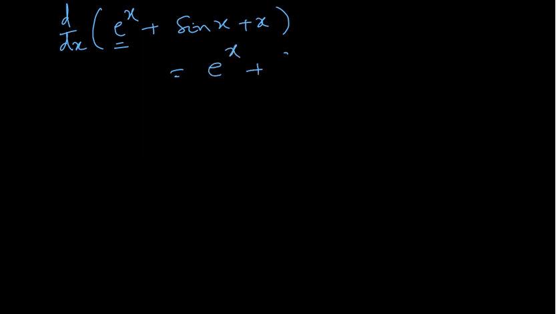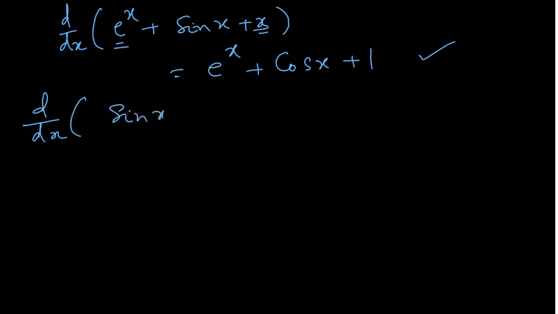For sin x, it is cos x, and for x, 1. Got it, right? So this is the answer for that. Now let's see another one, d by dx of sin x plus cos x. Differentiation of sin x is cos x. Differentiation of cos x is minus sin x. So that's the answer. So far looks so easy, right? Not very difficult.